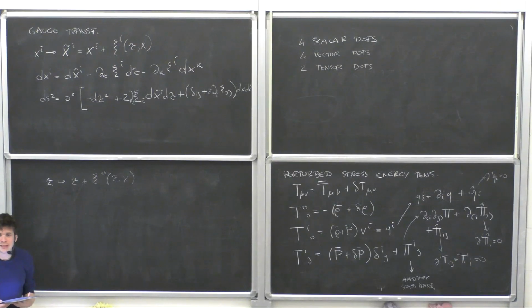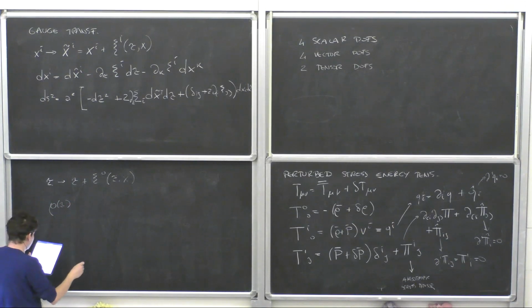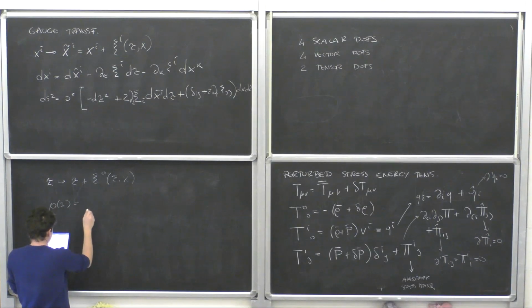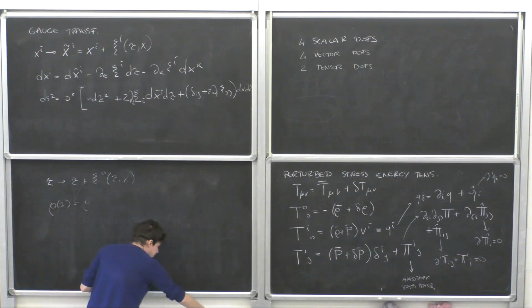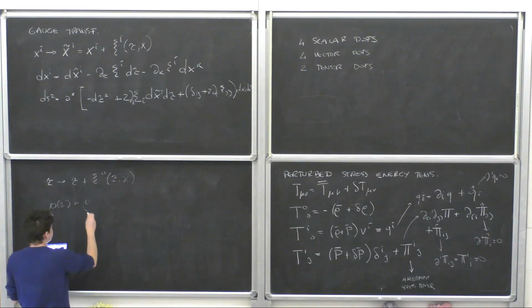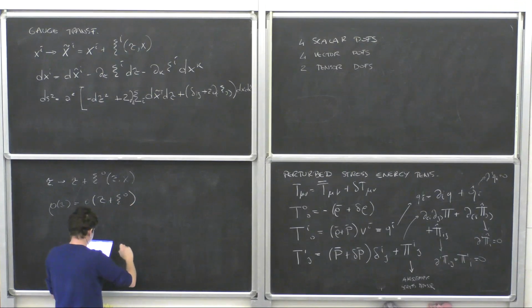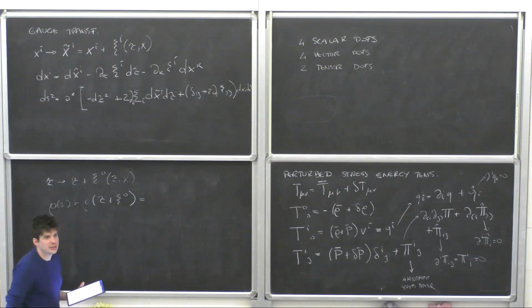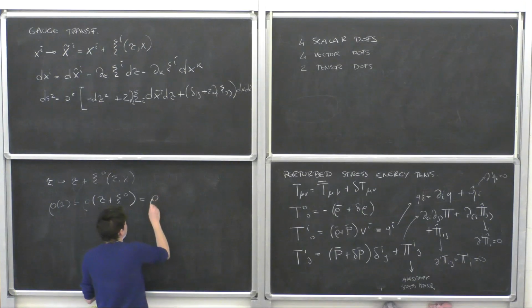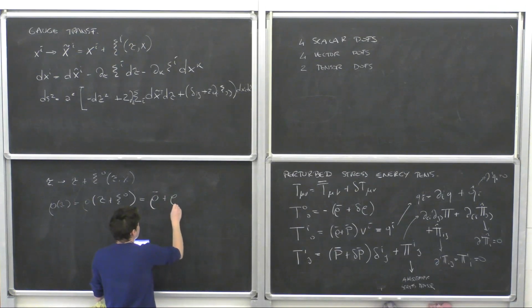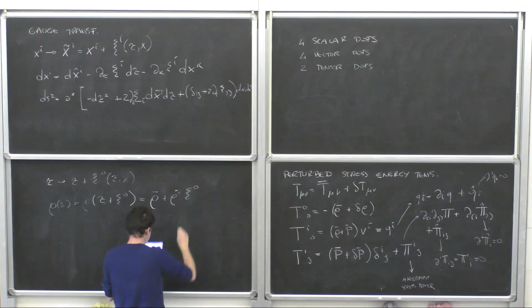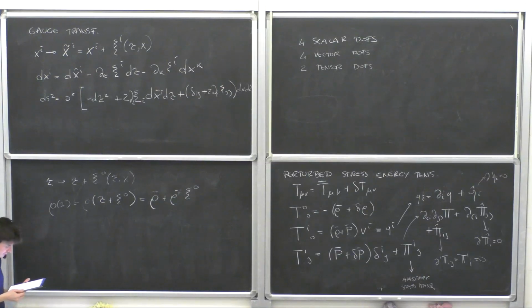Now let's see what happens to density. At the background level, density just depends on time, right? But I plug this in here, okay? I expand this to linear order, I assume this is small. So what I get is the same background density plus rho dot psi 0, okay?